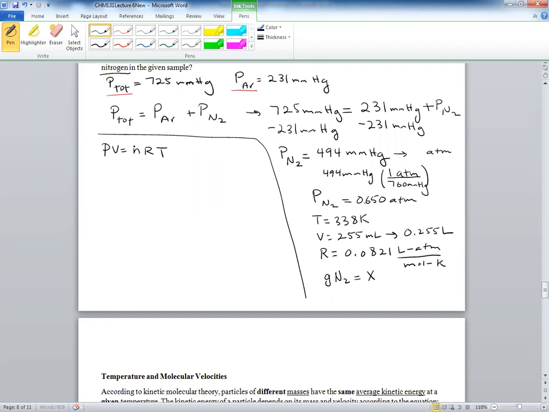You would be solving for n because moles can be converted to grams, but first you have to find moles. So you divide each side by RT so you can isolate it, and that would be PV over RT equals n. So let's plug in.